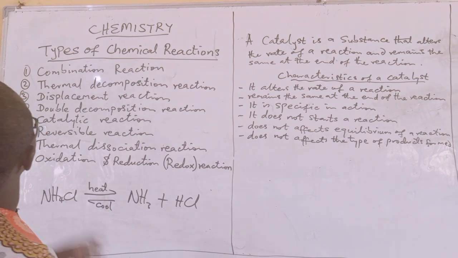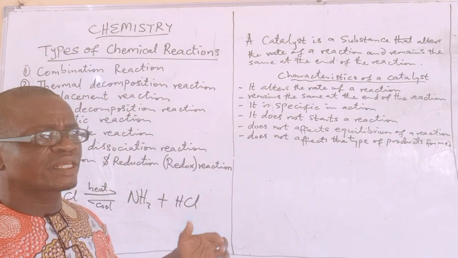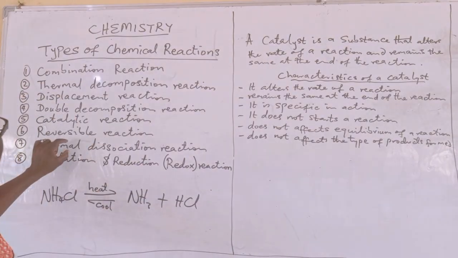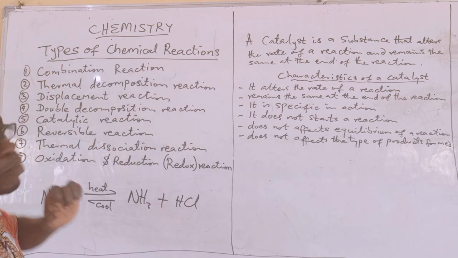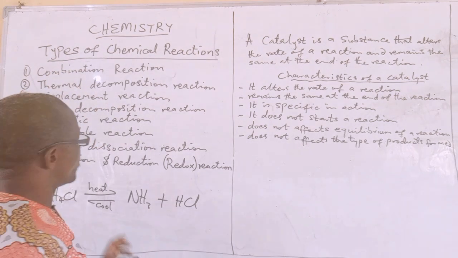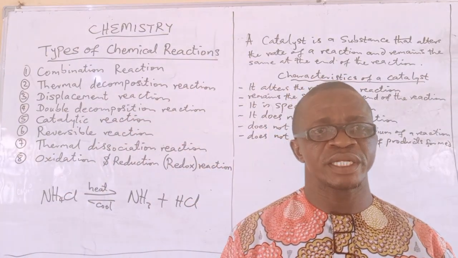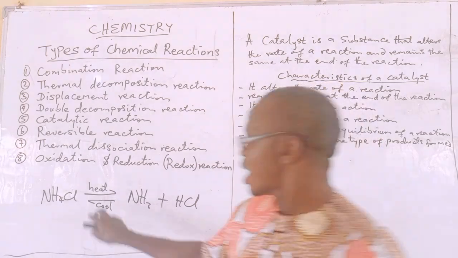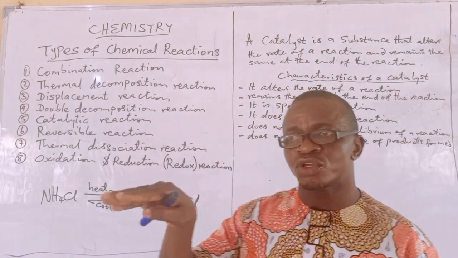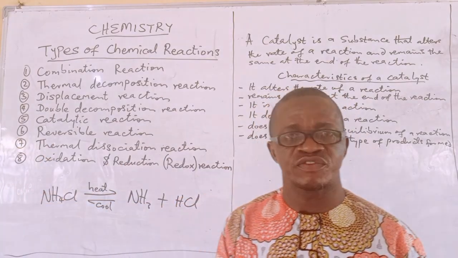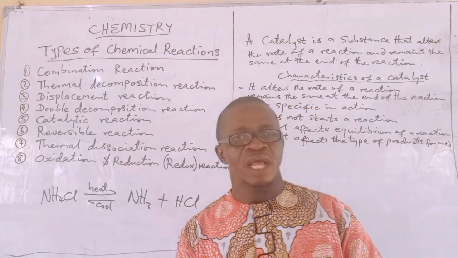Let me differentiate between thermal dissociation and thermal decomposition, and you will understand it better. In thermal decomposition, the equation that I wrote had one arrow. The arrow is always facing forward, the front. Whereas in thermal dissociation, the arrows are two.